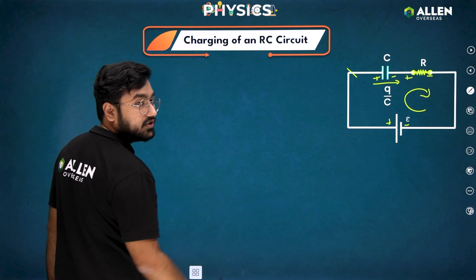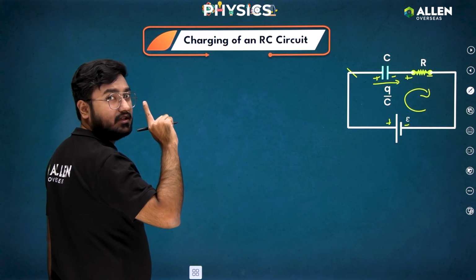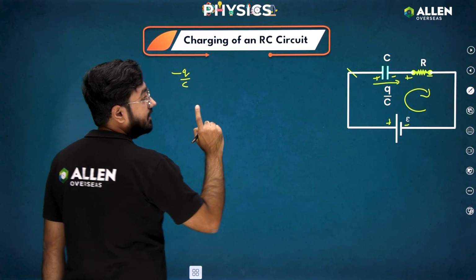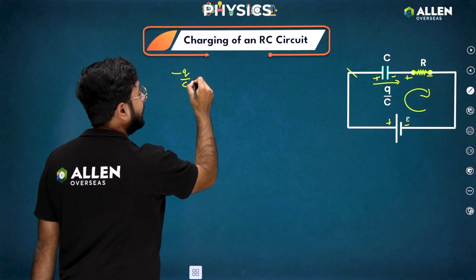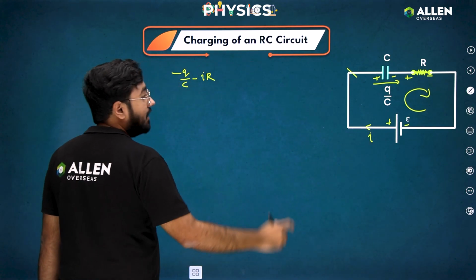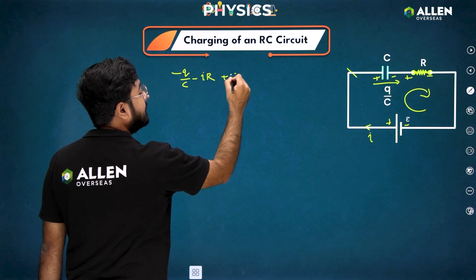So going from high to low, it will be negative Q by C. Again high potential to low potential, minus IR, if I is the current in the circuit. Then I am coming here, going from low to high, so plus E is equal to 0.